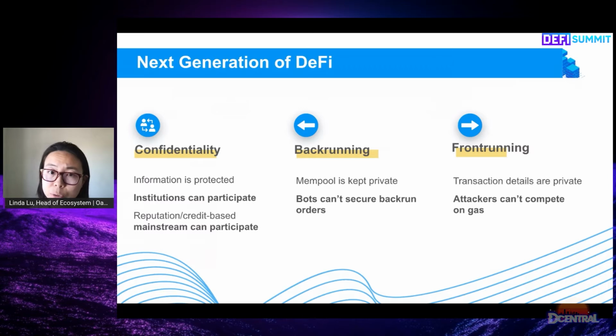The MEV issues could be resolved by privacy-preserving technology, confidential smart contract modules and such. So there's definitely a lot of hope for DeFi to really serve more people. Right now it's primarily serving traders.